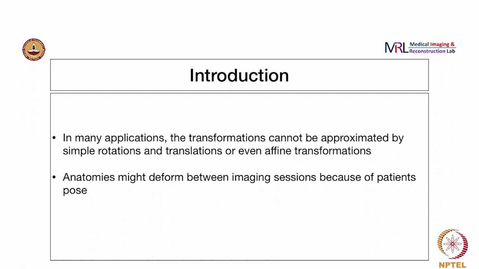But even in that situation, because of respiratory motion, there could be some deformations which cannot be approximated by rigid body transformations, right? And there are other applications wherein the patient is followed over a longer period of time. He has multiple imaging sessions, and even in those sessions he or she might not adopt the same pose. There is of course going to be deformation of the various organs.